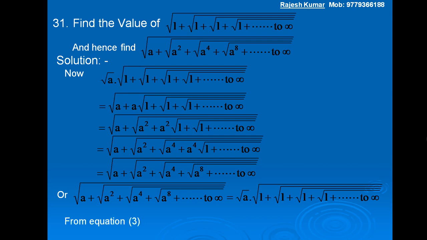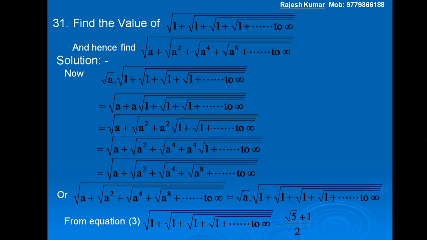From equation 3, square root of 1 plus square root of 1 plus square root of 1 plus so on up to infinity is equal to (root 5 plus 1) upon 2.